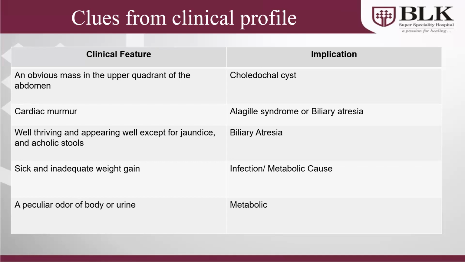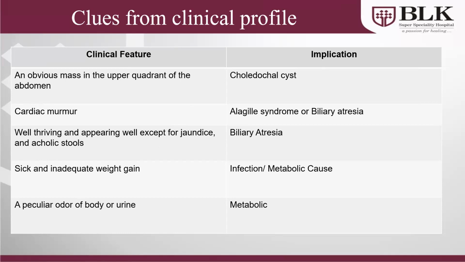So the most common presentation is a well thriving child who is generally well except for jaundice and acolic stools. So if you encounter any such child, always look for biliary atresia, and as discussed, investigate rapidly, preferably within 60 days, so that proper surgical correction can be offered.